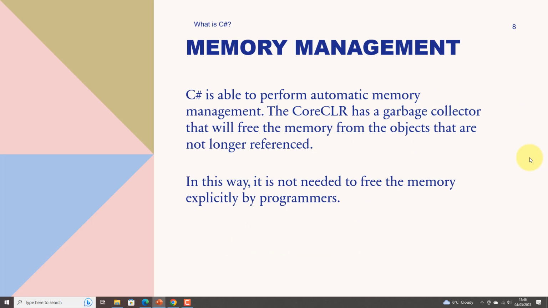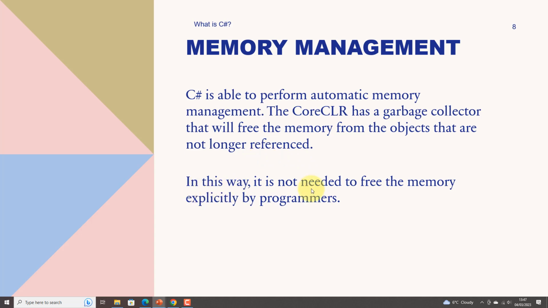As I told you, C# is a memory-safe programming language. C# is able to perform automatic memory management. What does this mean? C# runs on Core CLR if you are using .NET. The Core CLR has a garbage collector that has the ability to free the memory from the objects that are no longer referenced.